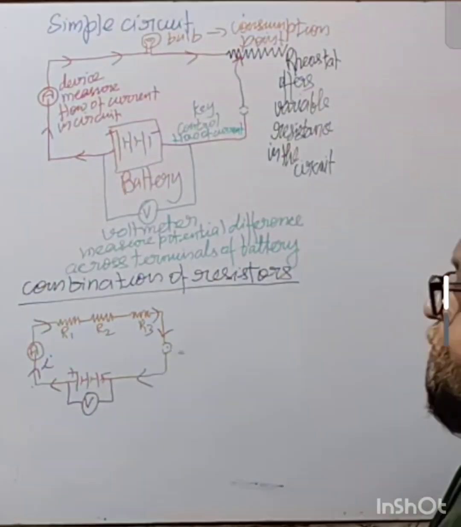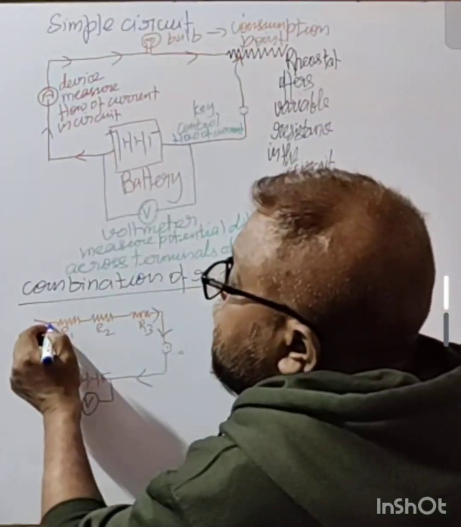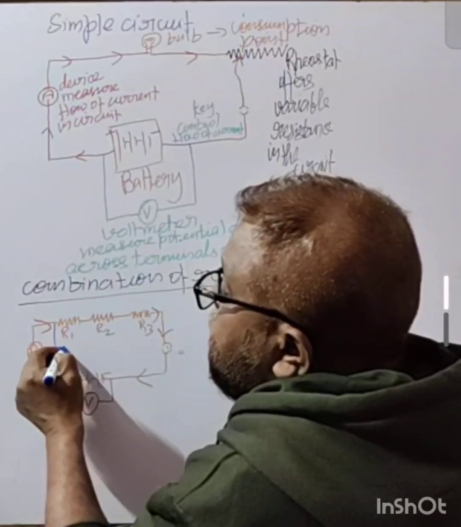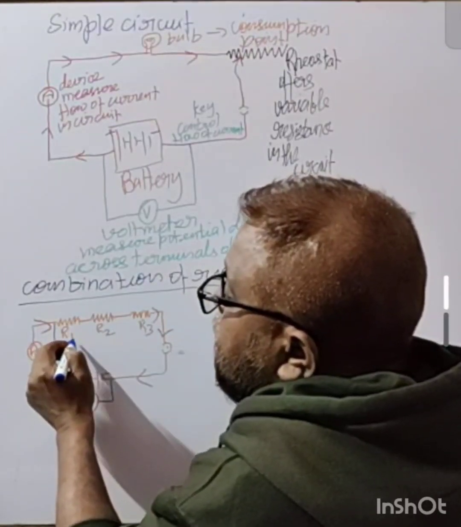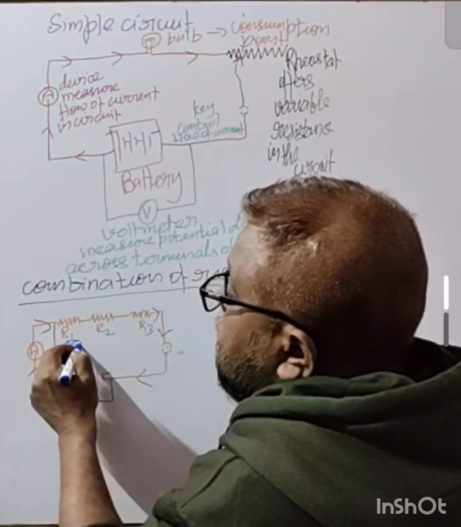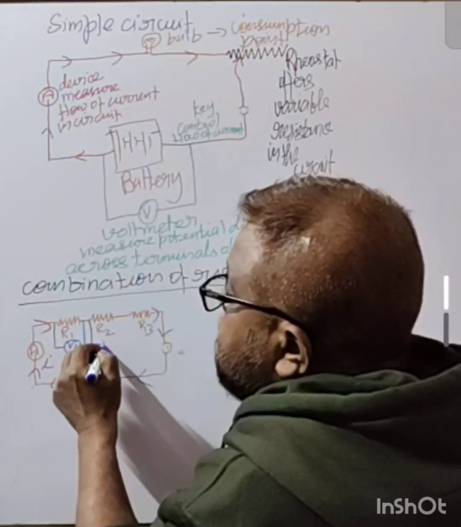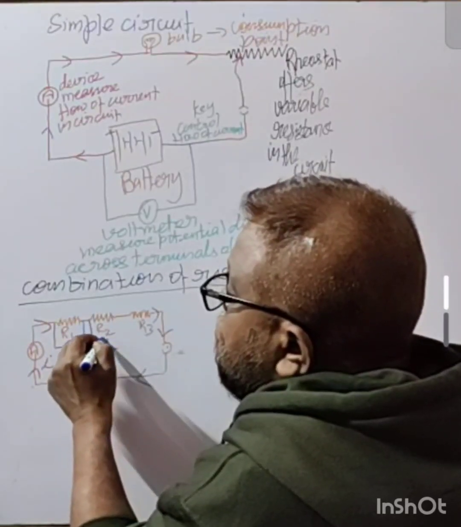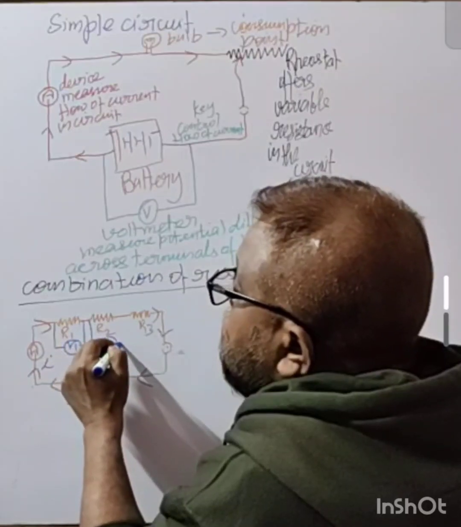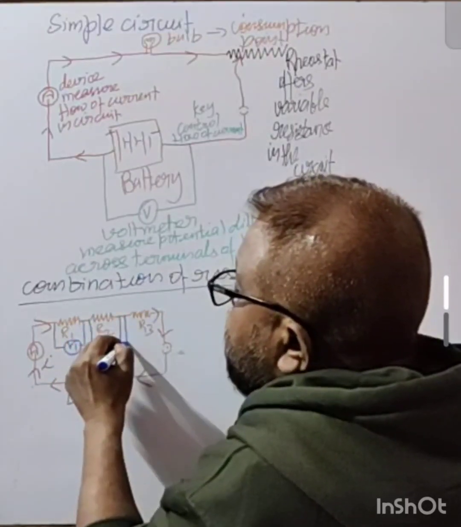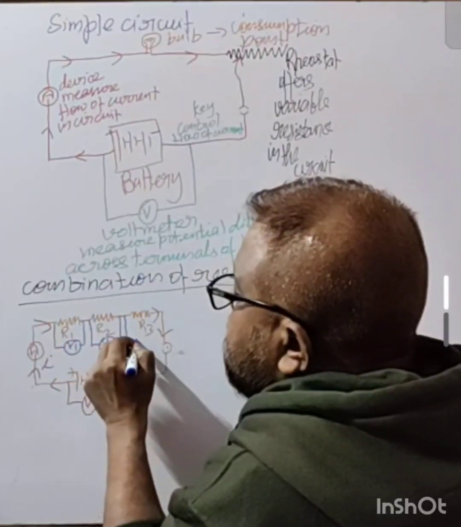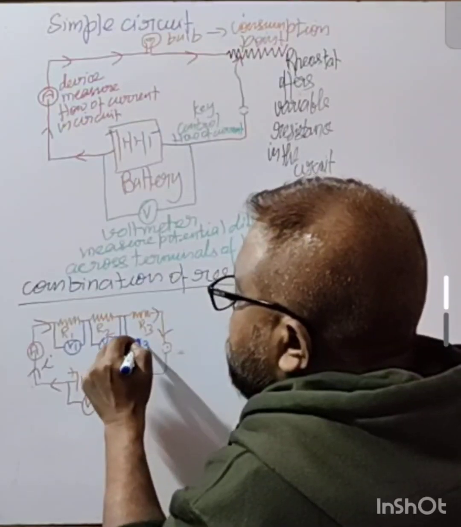But here will be potential difference V1. Here will be potential difference V2. Here will be potential difference V3.